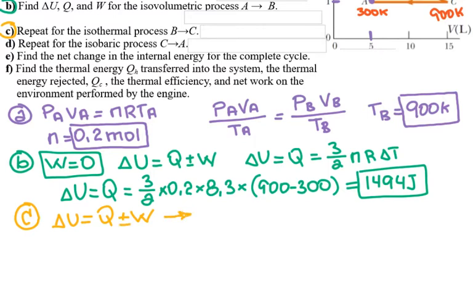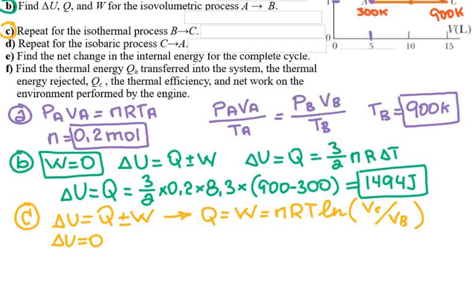And because it's an isothermal process, delta U is equal to 0. So you have Q is equal to the work, and the work is equal to the formula for isothermal, the one that I don't require you to remember, just know how to use it. So it's nRT natural log of VC over VB, the final over initial.